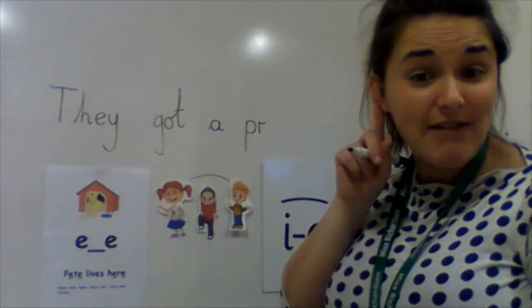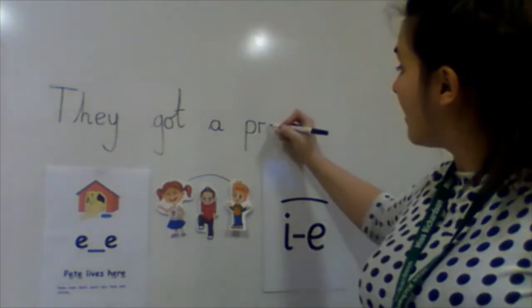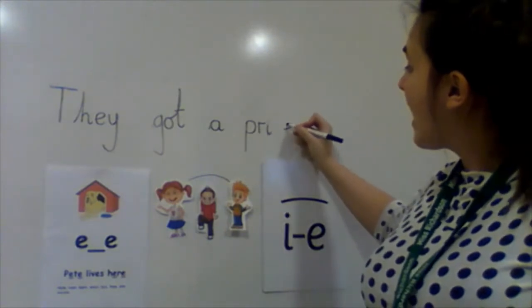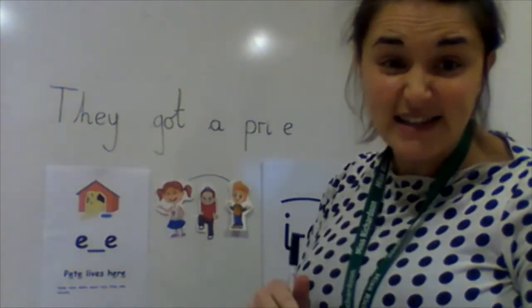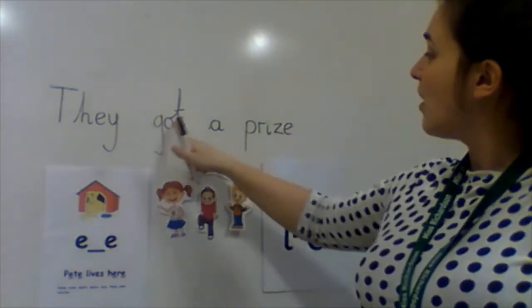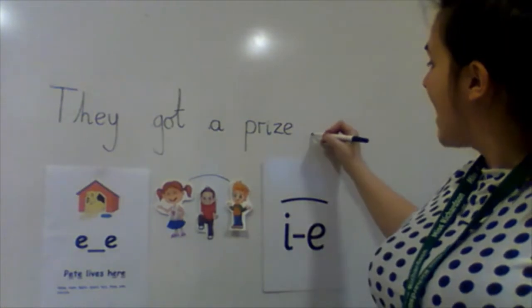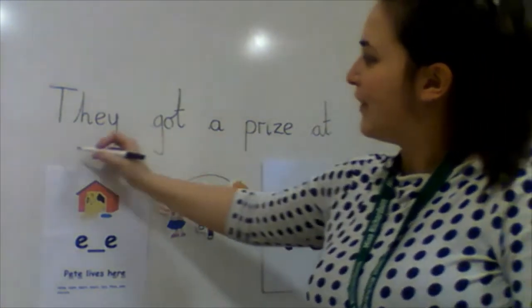I. Oh, I can hear an I sound, and I know it's my split digraph I. I. Come back to the sound in the middle. They got a prize at the theme park.